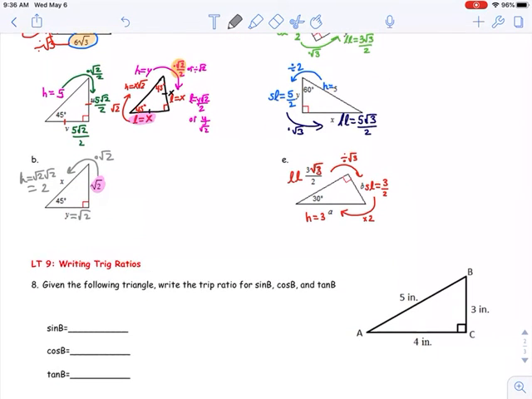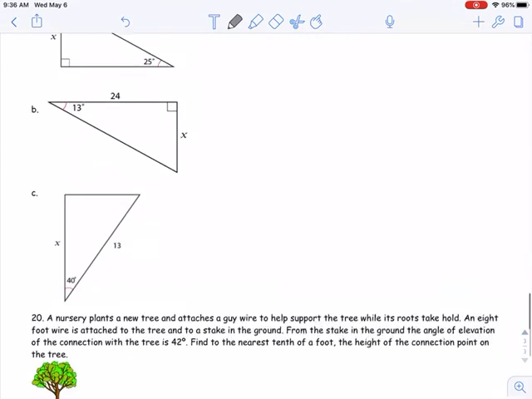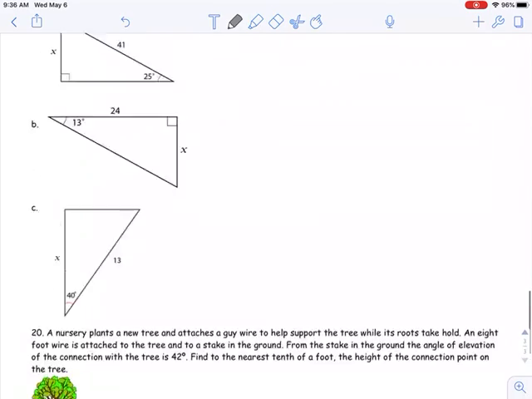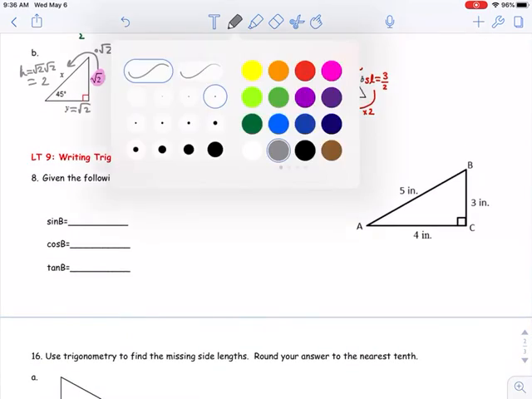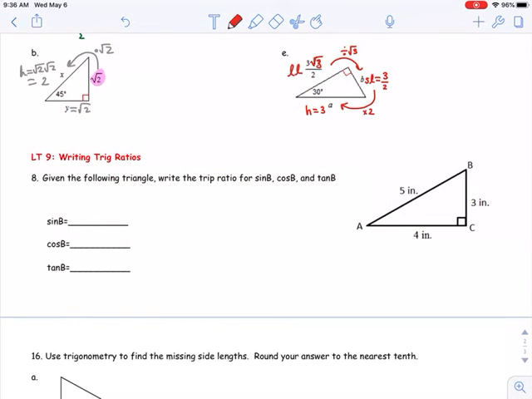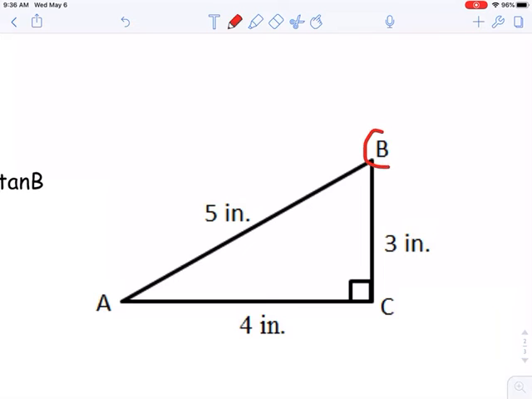Alright, now let's just talk about trig ratios really fast. And then we'll do the last page of GAC 1. Alright. So we're focusing on B right here.